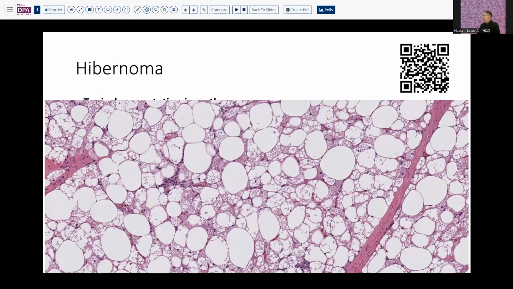This is a lesion that can occur in a broad age range from late pediatric age to advanced adulthood, but typically is more young adult age group. These are slowly growing lesions. They're not dramatic, suddenly appearing sorts of lesions. And they're usually superficial, but they do occur in the retroperitoneum, in the deeper soft tissues on occasion.